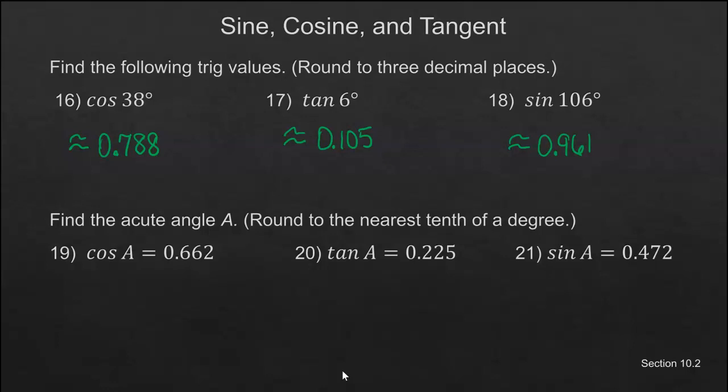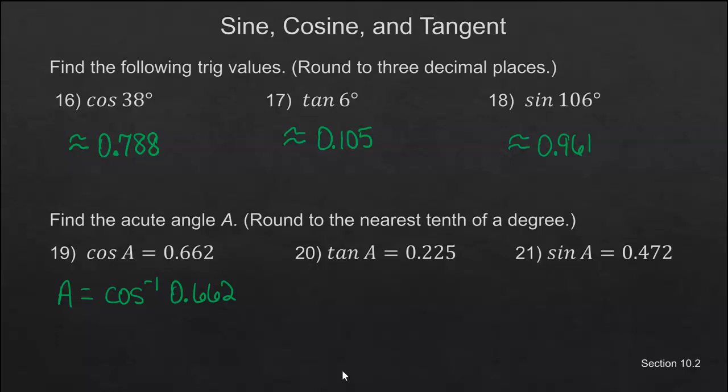All right, the last part is finding the angle measure when you're given the ratio. So this time we don't know the angle. On your calculator, angle A is going to be the inverse of, so it's second cosine on your calculator. So do second, you'll see right above cosine it says -1, it's cos -1.